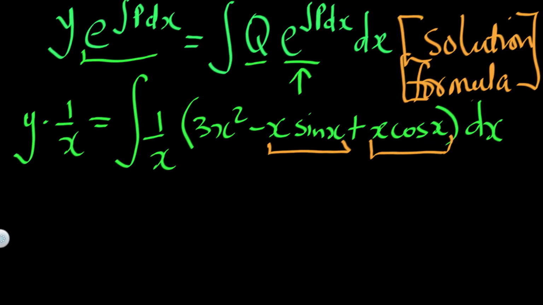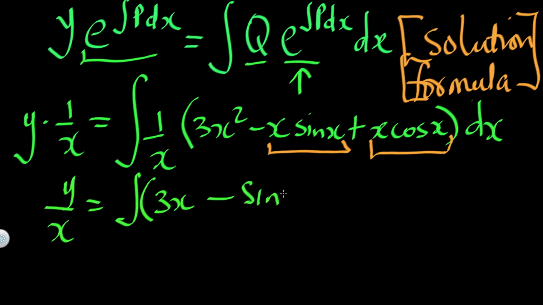They become easy to integrate. Okay, so to the left-hand side, we now have y over x. To the right-hand side, we have the integration of, if we multiply 1 over x, multiply 3x squared, we get 3x. And this term here becomes just sine x and plus cos x dx.